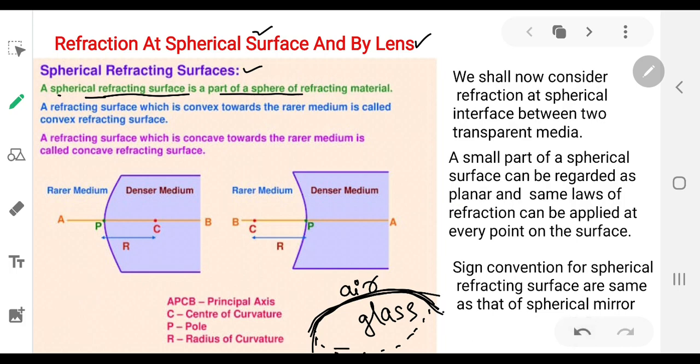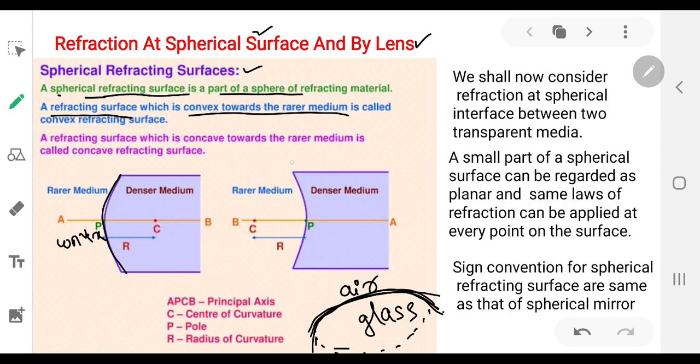If a refracting surface is convex towards the rarer medium, as in the first diagram, then it is called a convex refracting surface.